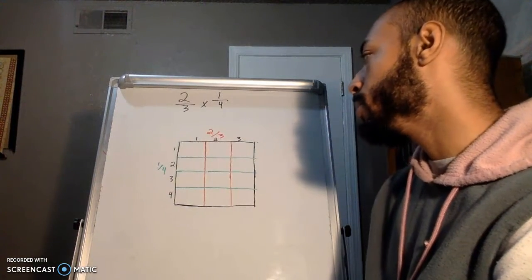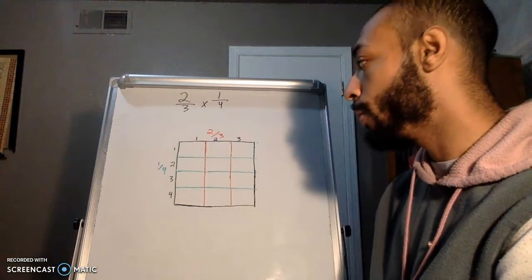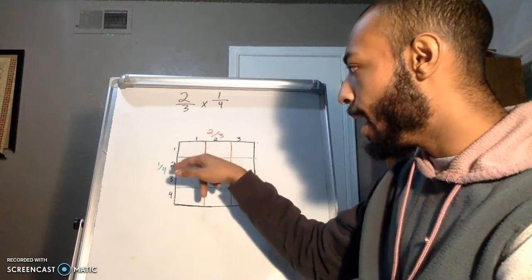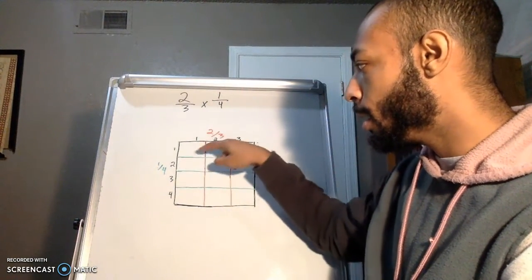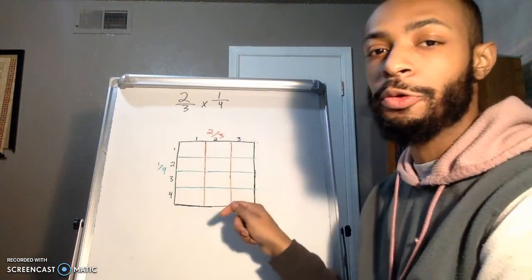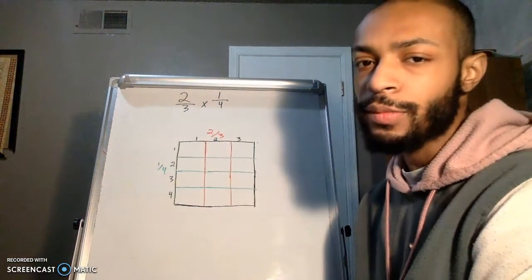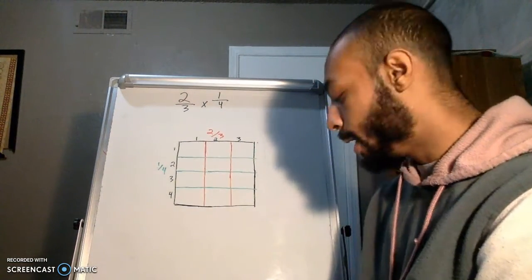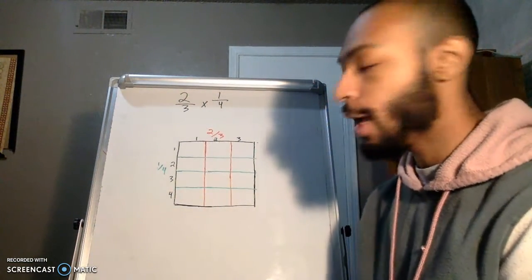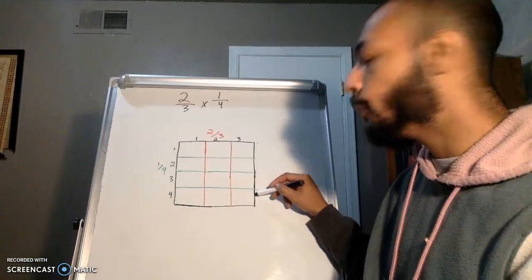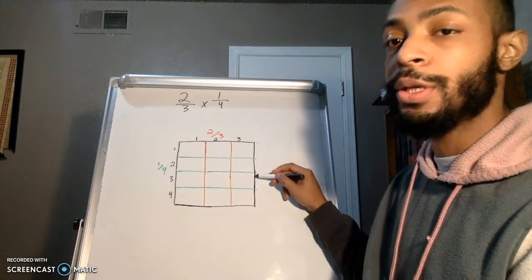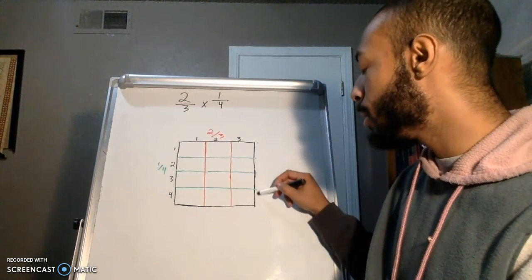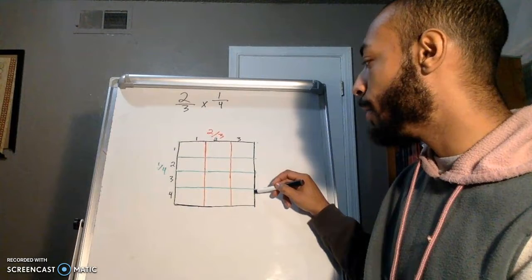We'll put those on opposing axes, and then I know I need 1/4 of this line. In order to do that, I drew 4 separate but equal columns within this square.